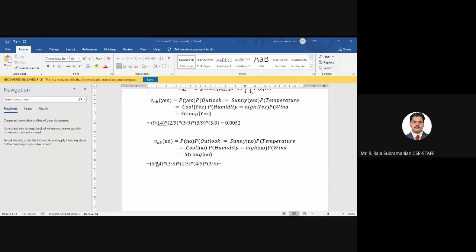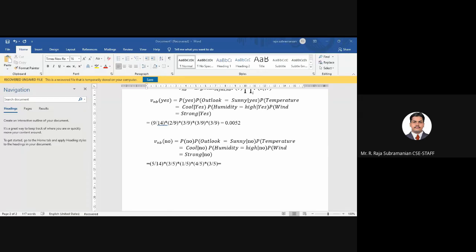I'll take the calculator again. So this is 5 divided by 14 into 3 divided by 5 into 1 divided by 5 into 4 divided by 5 into 3 divided by 5.